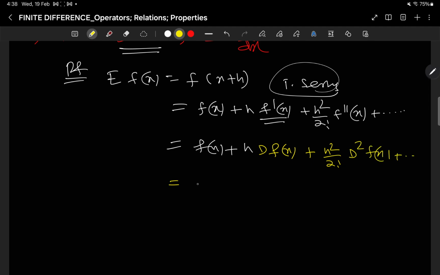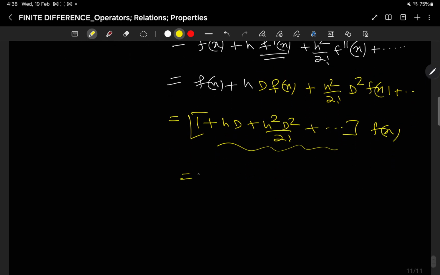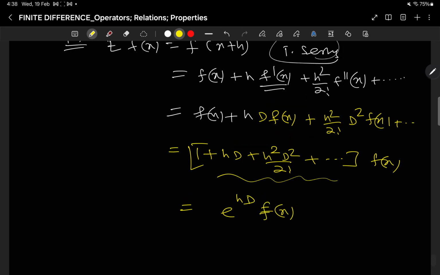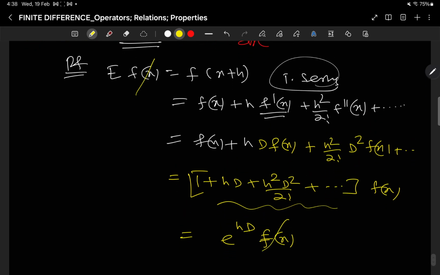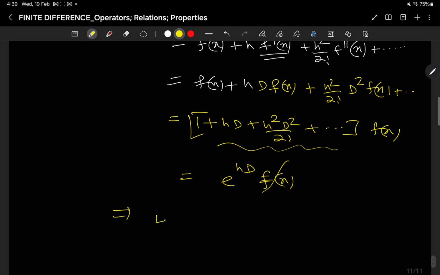If you take f(x) common, it is 1 plus hD plus h square D square by factorial 2 plus so on, applied to f(x), and this expansion is nothing but e to the power hD applied to f(x). Therefore f(x) cancels on both sides, so E is equal to e to the power hD. It is proved.